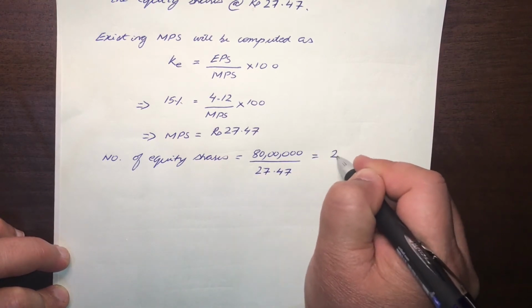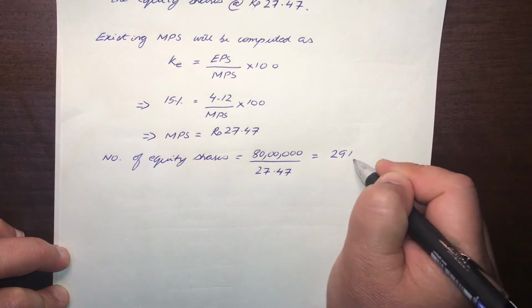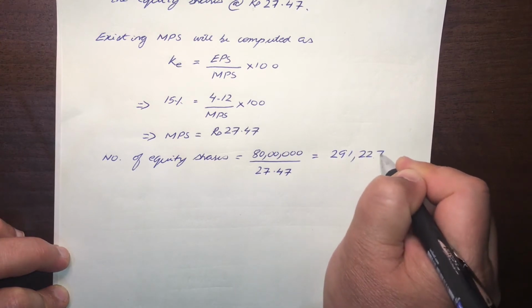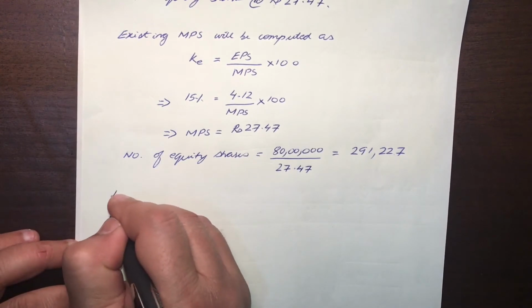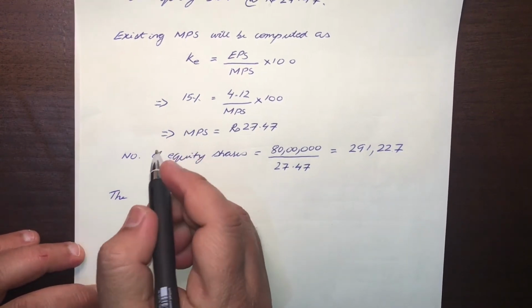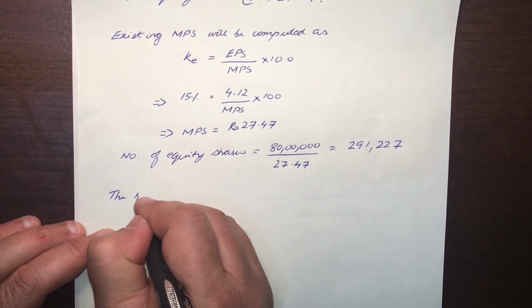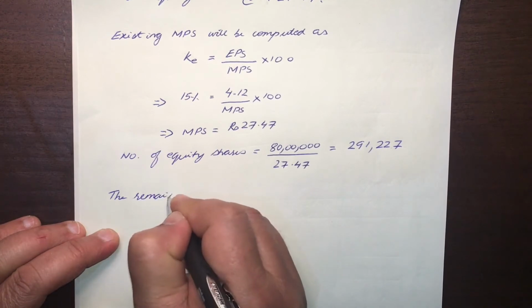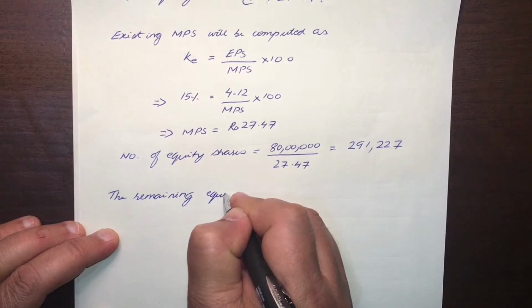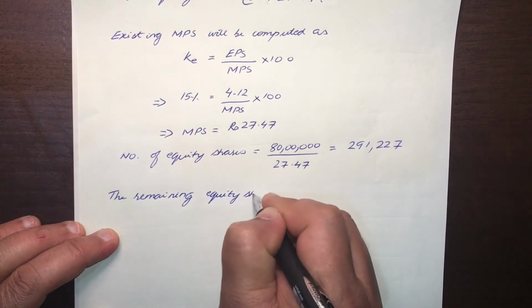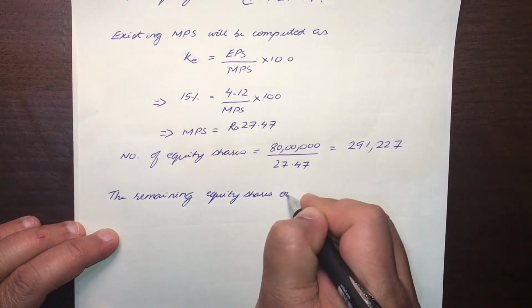So you'll be able to buy back 2,91,227. So now what is the remaining equity shares outstanding?